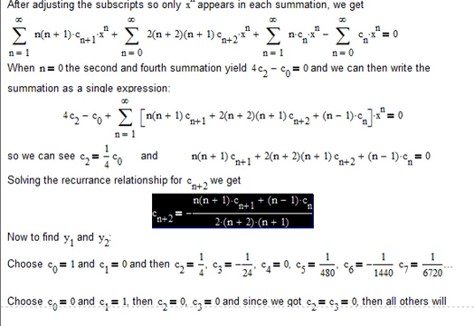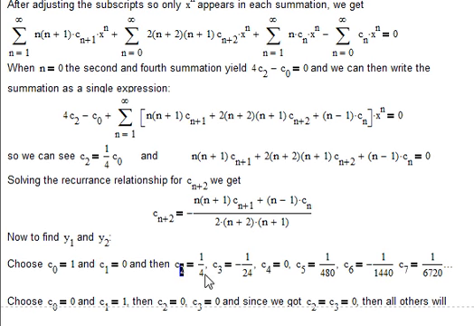And all we have to do is choose c0 equal to 0 and c1 equal to 1, and then c2 equals 1/4, c3 equals negative 1/24, because all I got to do is, for c3, that means n equals 1, put 1 here, 1 here. I said n was, what was it? I forget. C3.